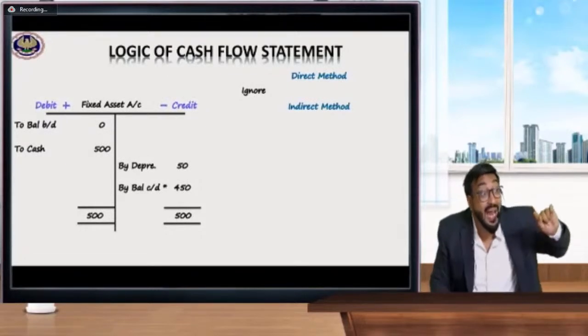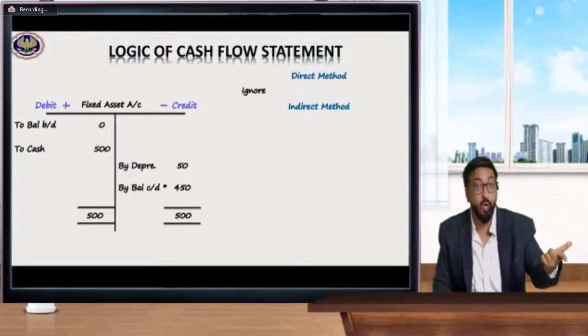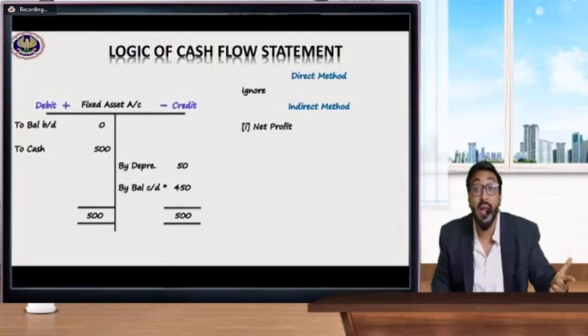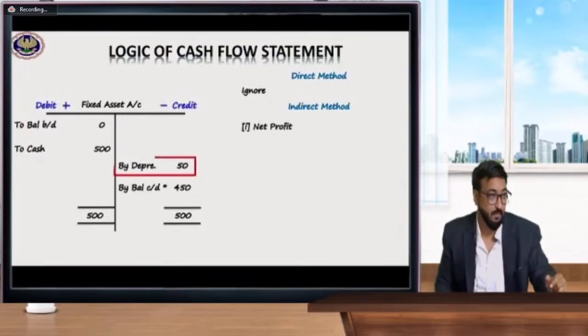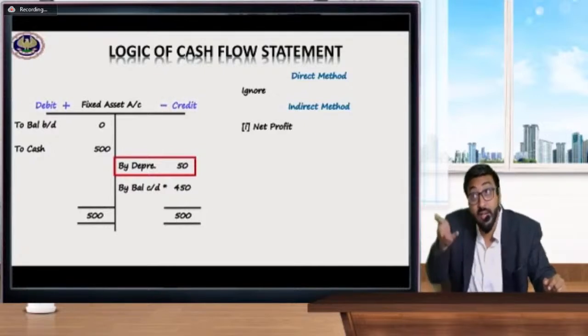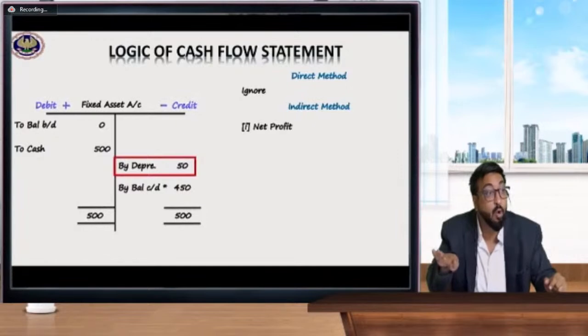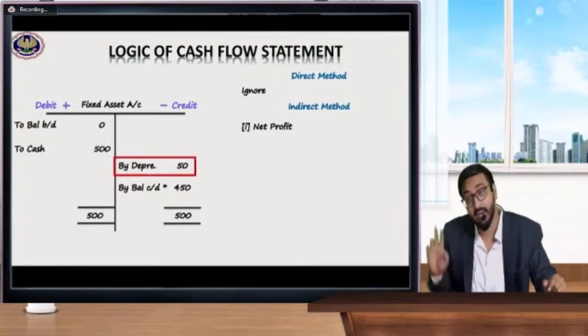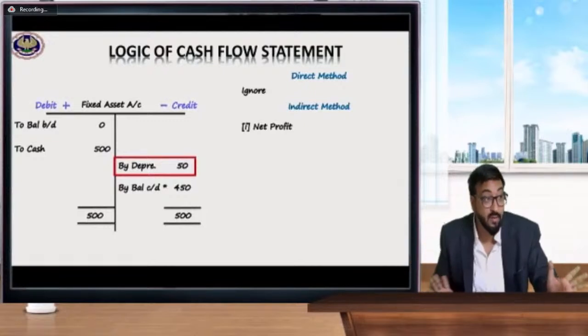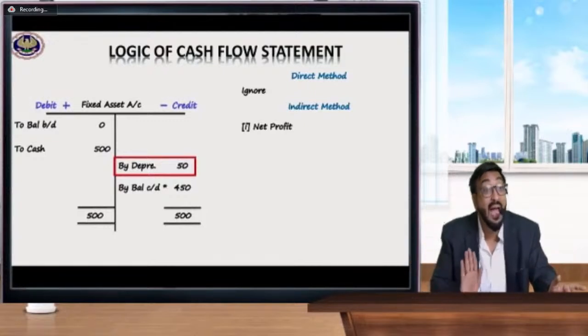You will eliminate depreciation. What you are going to do? You are going to eliminate depreciation from net profit. So tell me, depreciation you deducted at the time of the net profit, or you will add at the time of net profit? Deducted. So beta, now you don't want that depreciation, so you will add back.